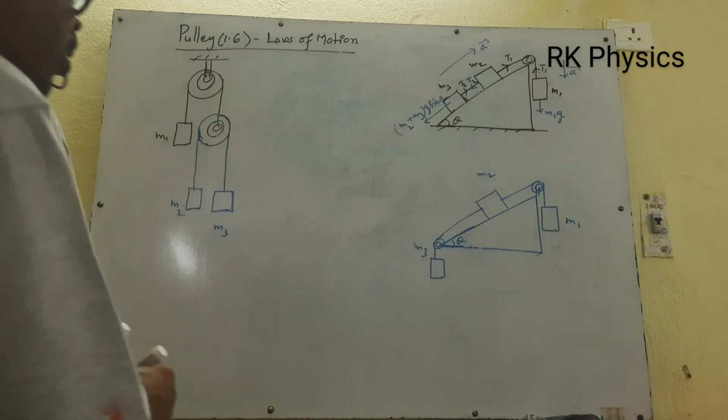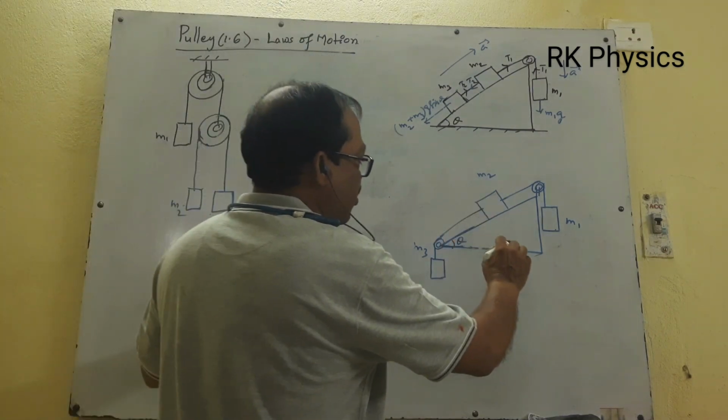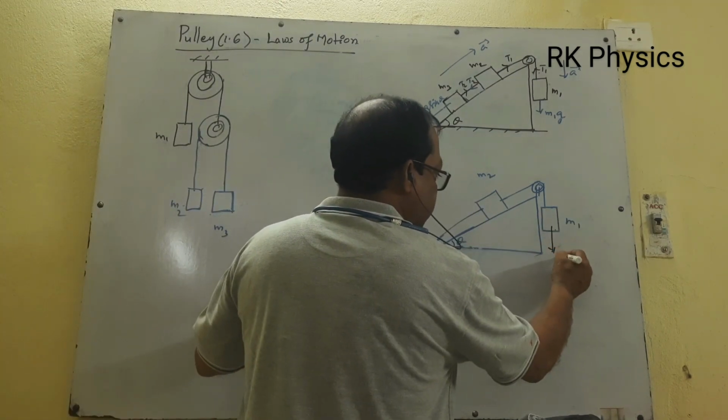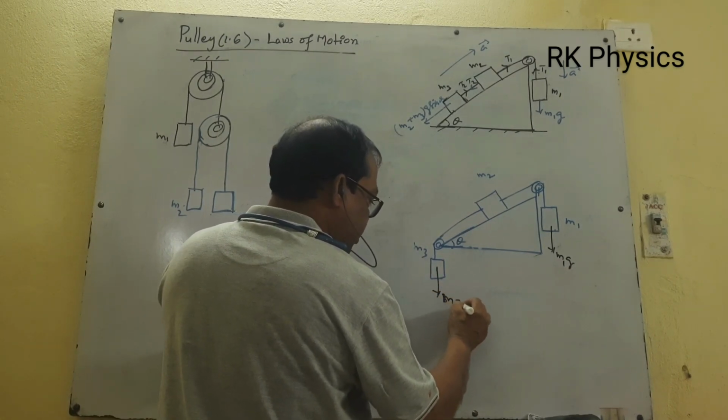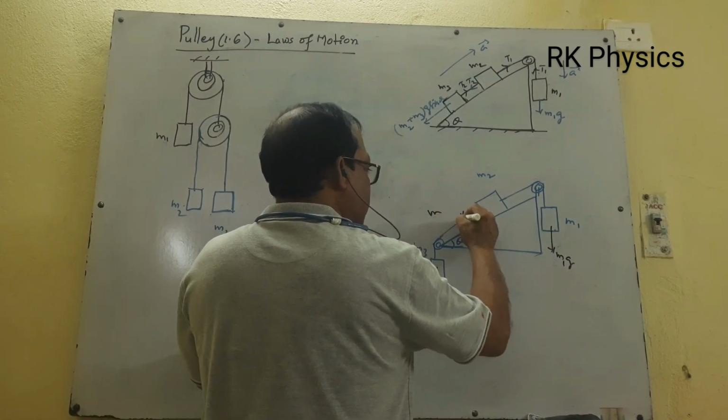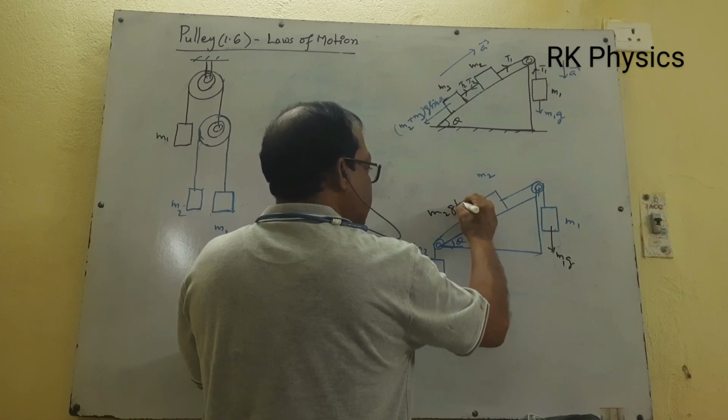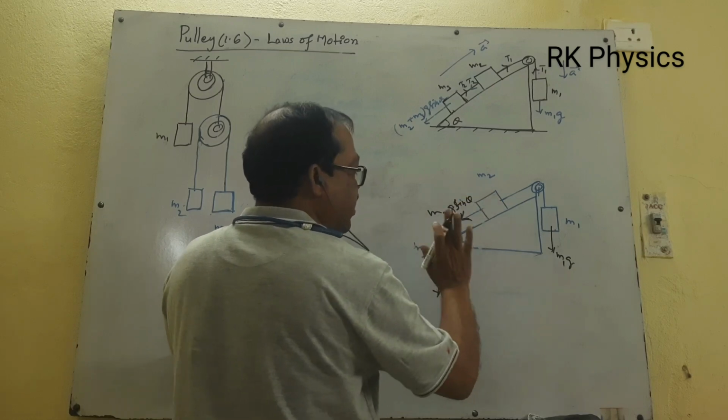Let us come to the second figure. Now M1 g is acting, M3 g is acting, and along the incline M2 g sin theta is acting.